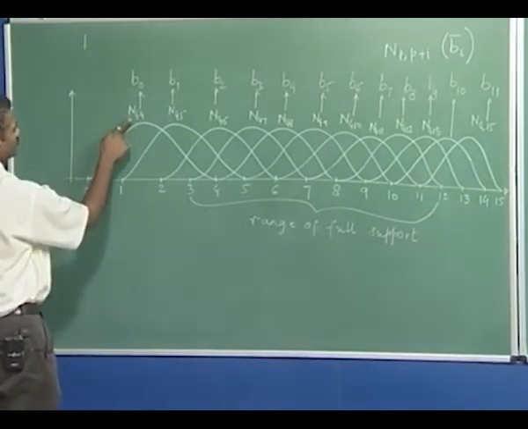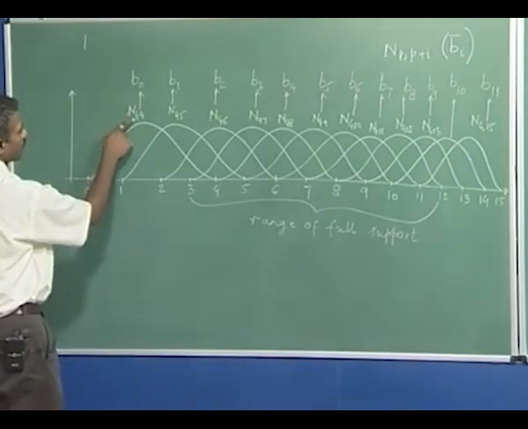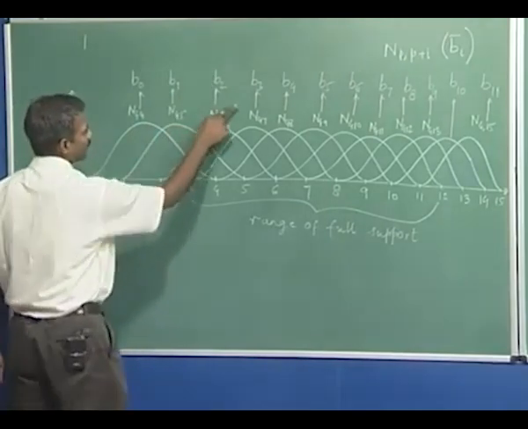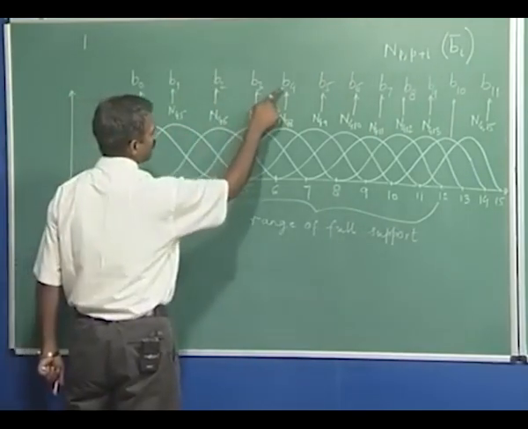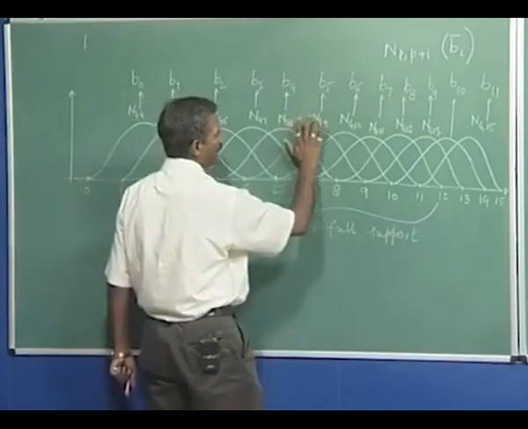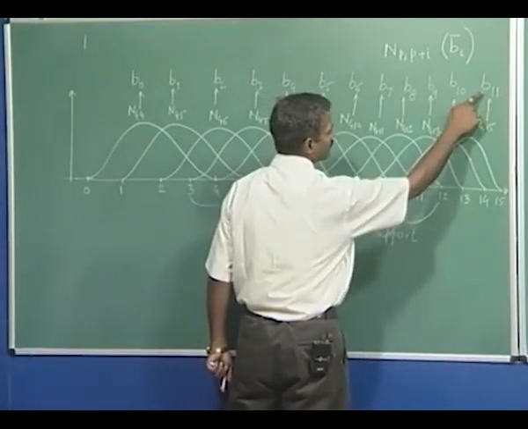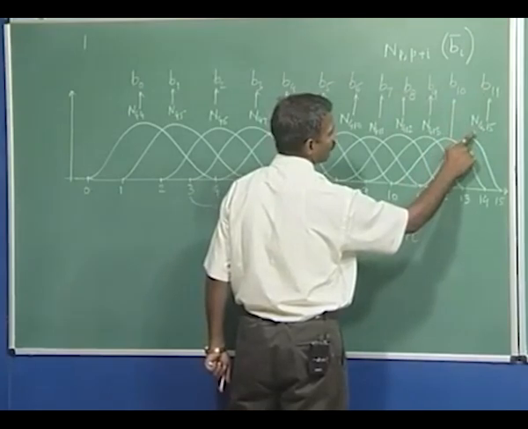So B0 is associated with N44, B1 with N45, B2 with N46, B3 with N47, B4 with N48, and so on. In the last, we have B11 affiliated with N415.